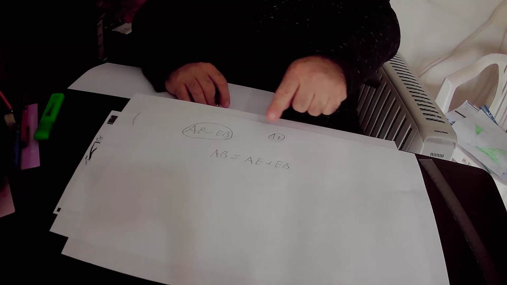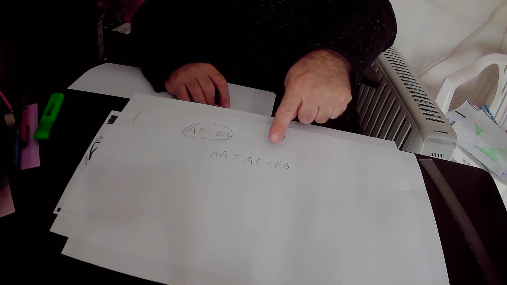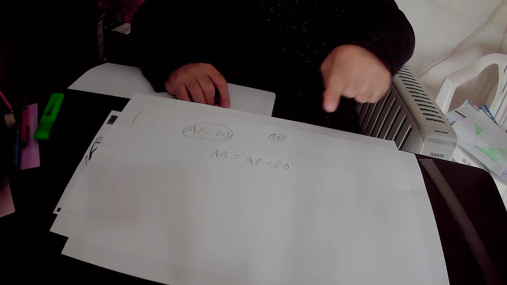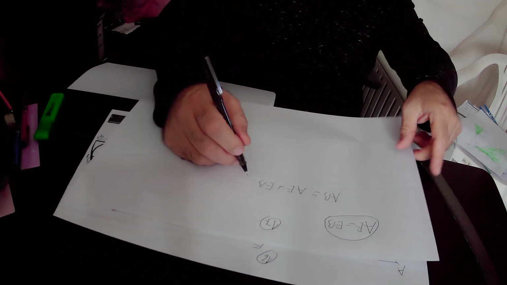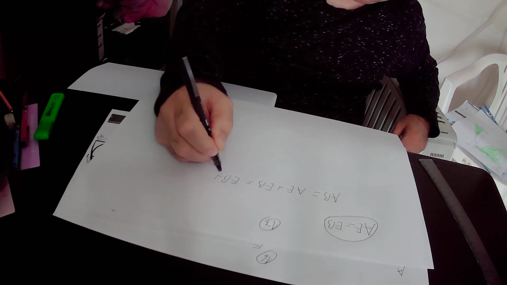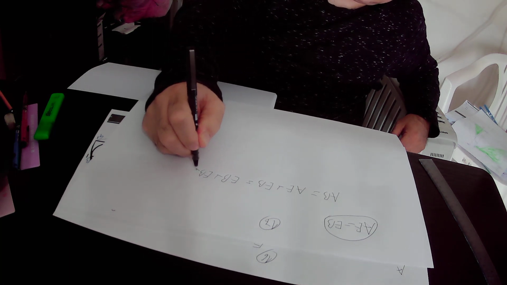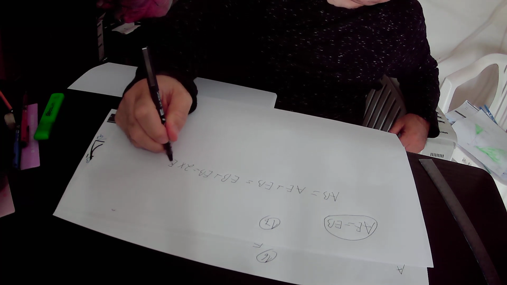But we have already found out that AE equals EB, so we can substitute AE by EB in this equality. So we'll do it and we will find out that AB equals EB plus EB. That is to say AB equals 2 times EB.